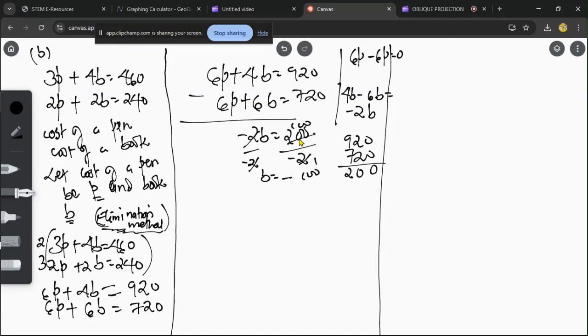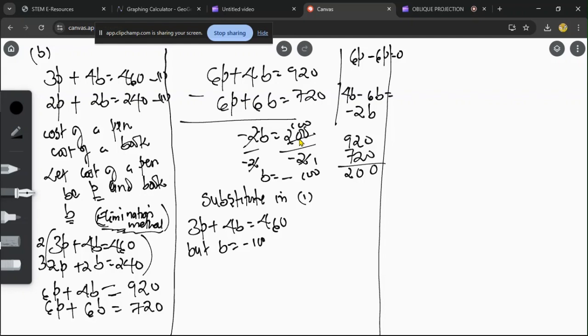So the second method, the second step is to substitute in maybe equation 1. So this one is 1 and this one is 2. Let us see what we'll get. 3p plus 4b is equals to 460. We know the value of b, it is minus 100.